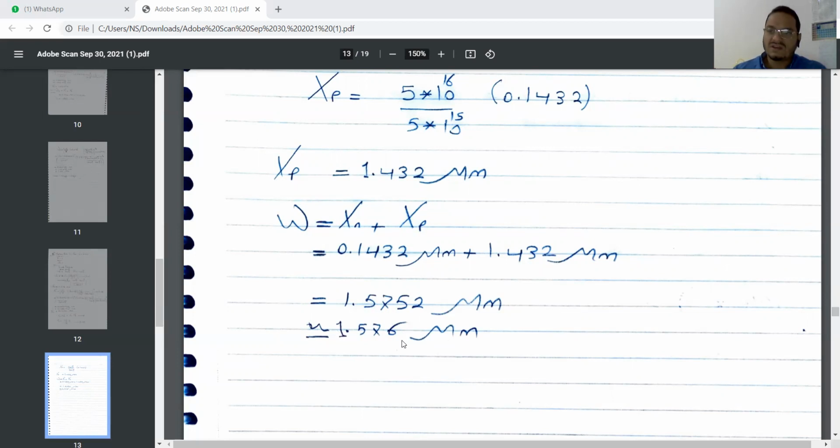My result was near the result in the book, so I think my process was right, because the difference was just 0.008.